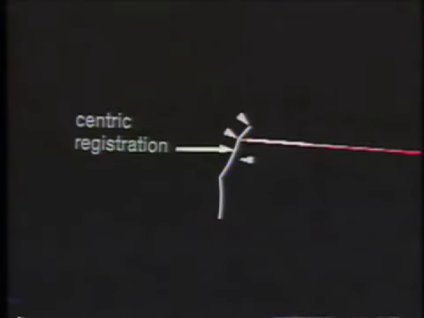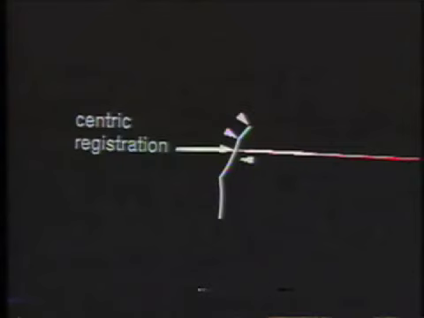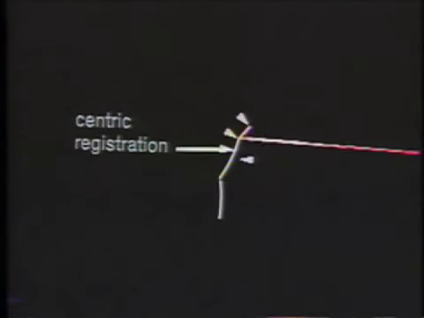So our problem becomes one of taking a centric relation registration along this terminal hinge movement, and then having the axis for the wax registration on the articulator be the same as it was on the patient, so that we can take the registration out and close the cast into centric relation on the articulator.